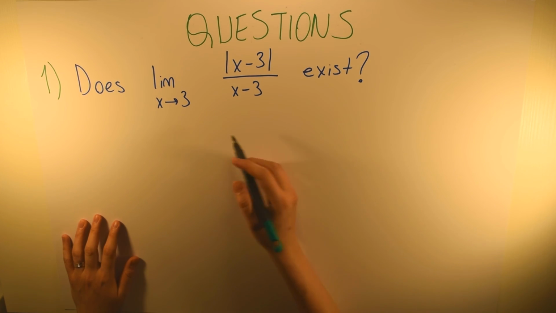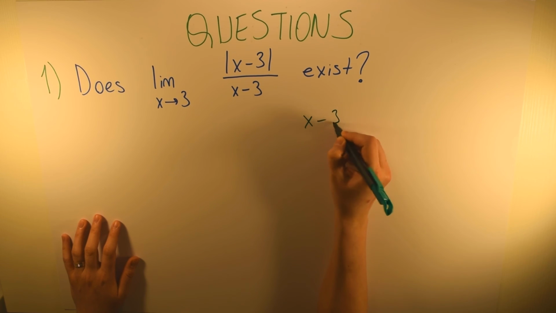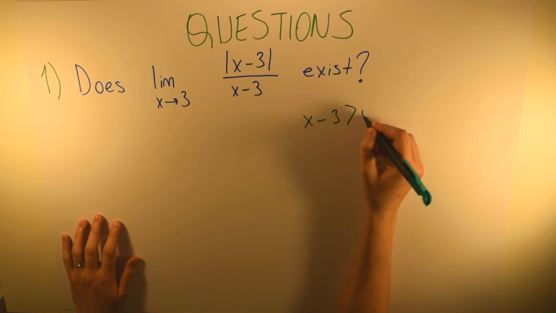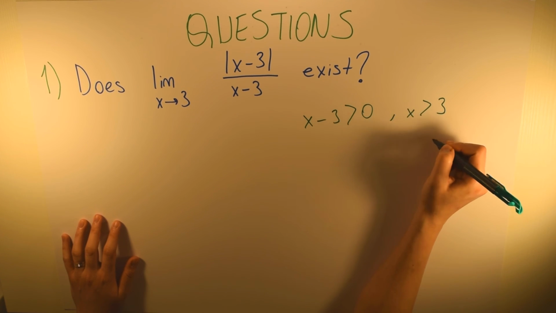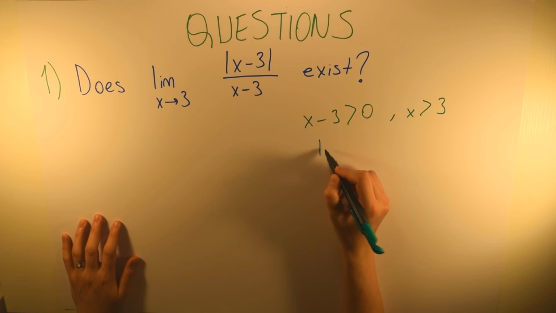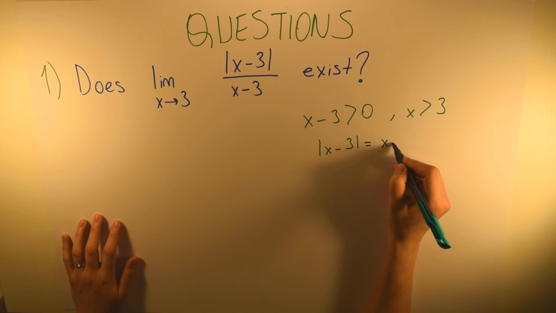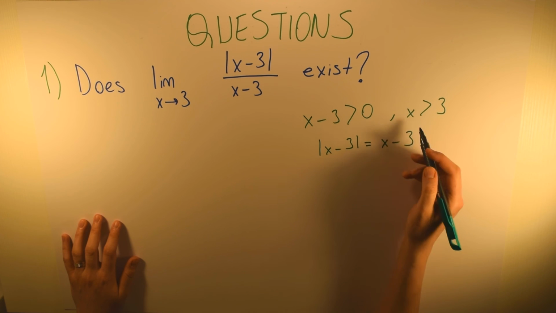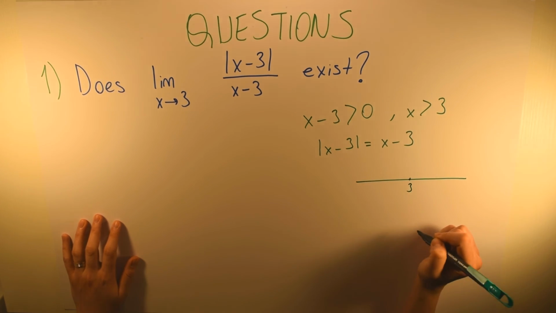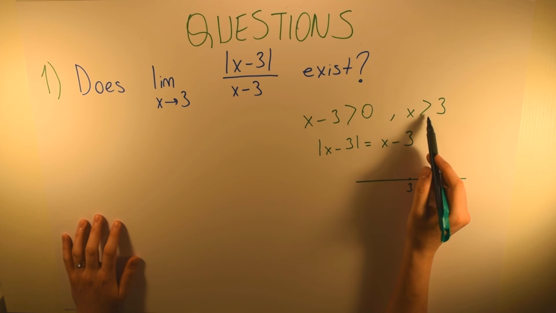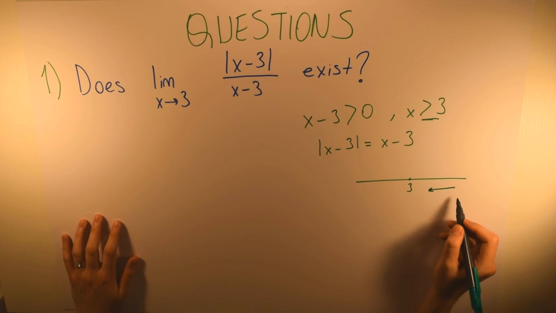So let's begin. If the absolute value of x minus 3 is greater than 0, which means x is greater than 3, then the absolute value of x minus 3 is equal to x minus 3, right? When I draw my number line, let's say 3 is here, so x is greater than 3, so we get closer to 3 from the right side.